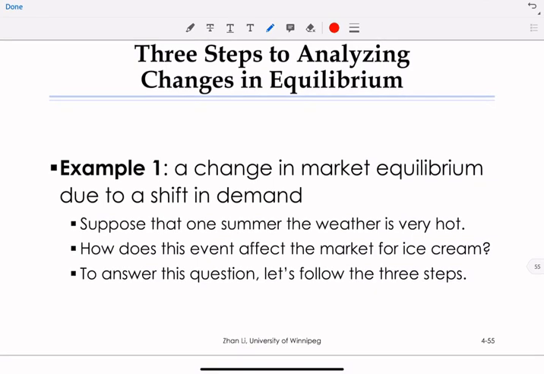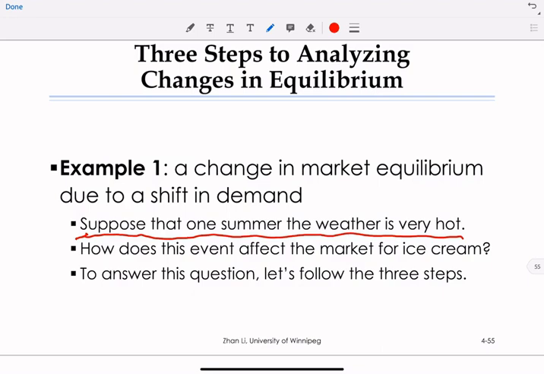Okay, let's see the first example. The story is about one summer when the weather is very hot, and we want to understand how this event will affect the market for ice cream.